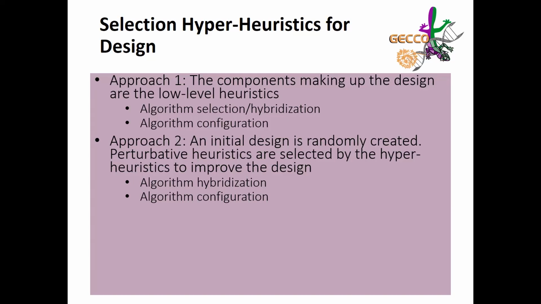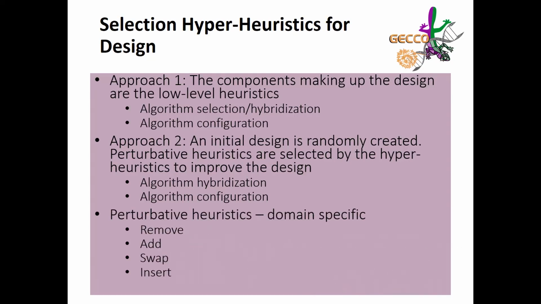We've used it for algorithm hybridization, and we've used it for algorithm configuration, and you'll see just now we've used it a lot for different types of neural network design. So instead of searching the design space directly, the way you would search a solution space directly, you're now searching the heuristic space, and you're mapping it over to the design space.